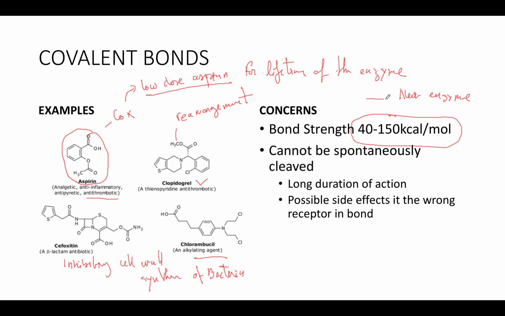For new enzyme to be made, you're going to need some protein, some RNA, and for RNA to be made, you're going to need DNA. And so you see how these processes take time to happen.